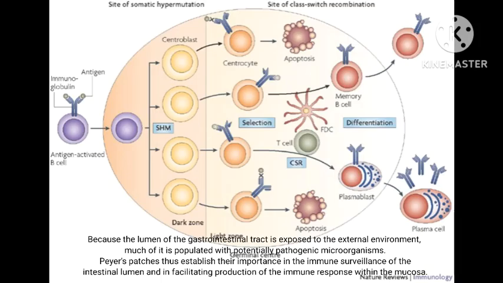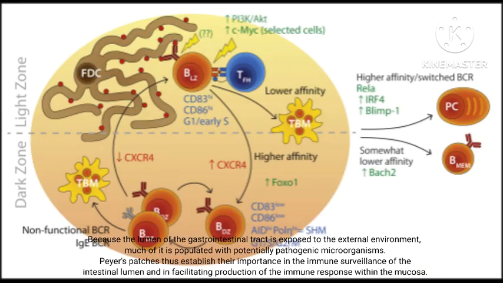Because the lumen of the gastrointestinal tract is exposed to the external environment, much of it is populated with potentially pathogenic microorganisms. Peyer's patches thus establish their importance in the immune surveillance of the intestinal lumen and in facilitating production of the immune response within the mucosa.